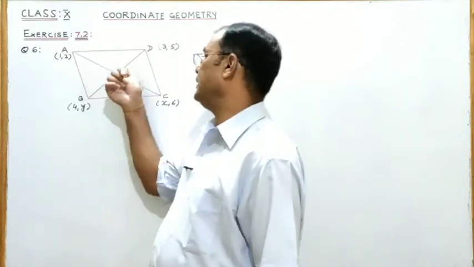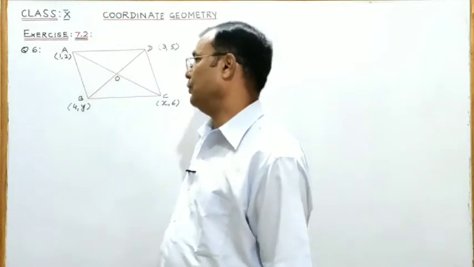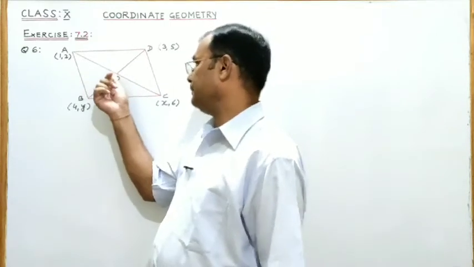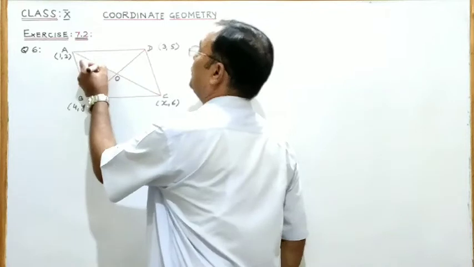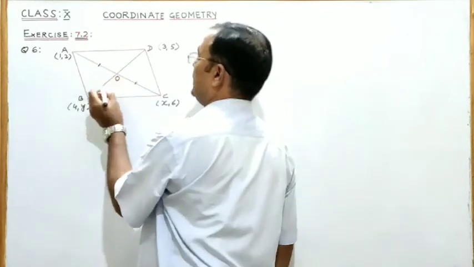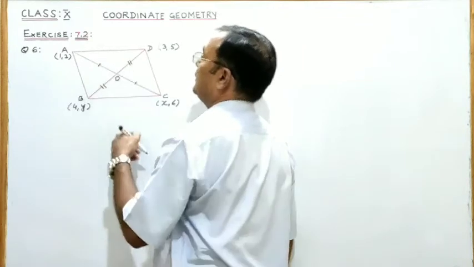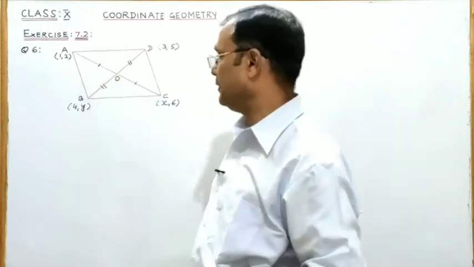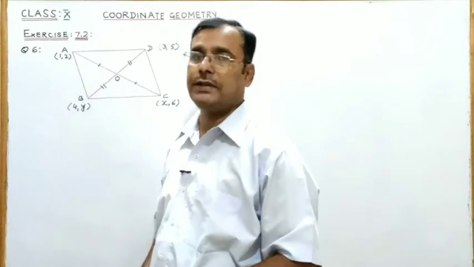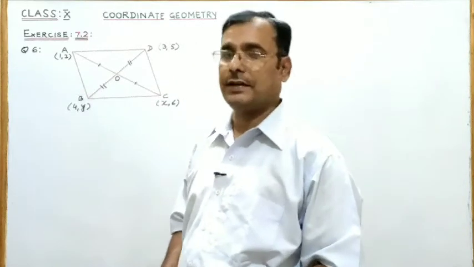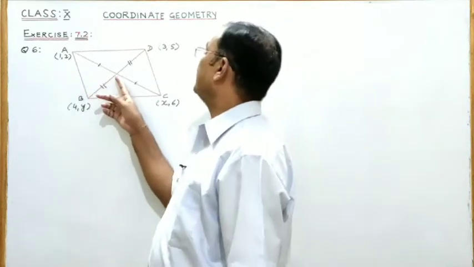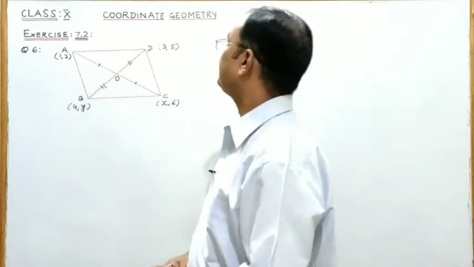AC and BD intersect at point O. That means AO is equal to OC and BO is equal to OD, because diagonals AC and BD of parallelogram ABCD bisect each other, and that point of bisection is O.